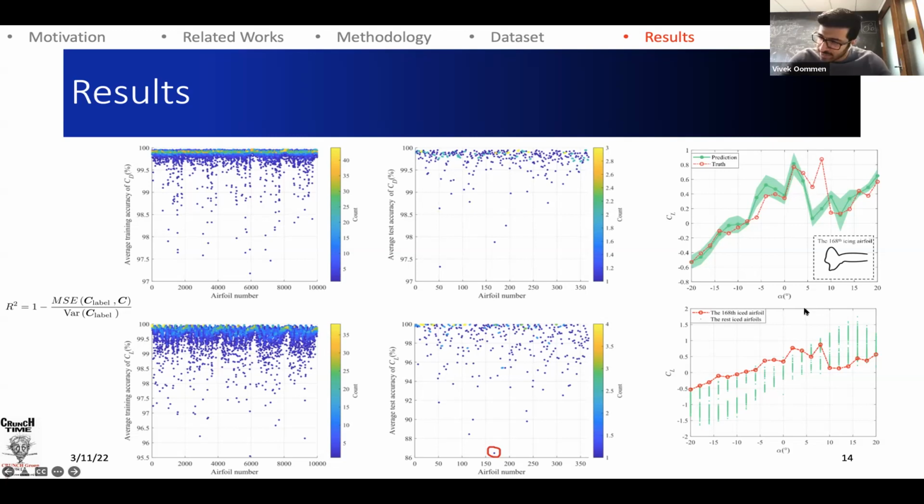They tried to analyze the reason, and they saw that for most of the training data sets, the coefficient of lift was usually in this range. From this figure, they show that the 168th iced airfoil is kind of an outlier. But that's it. They just showed this and said this is why it is not performing well. So that's what the authors have shown.